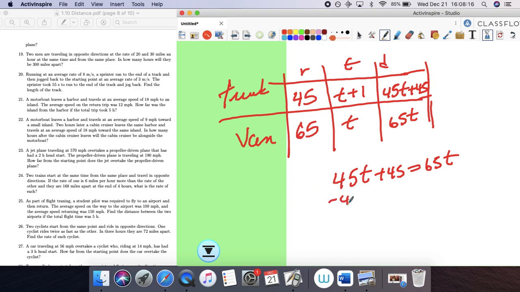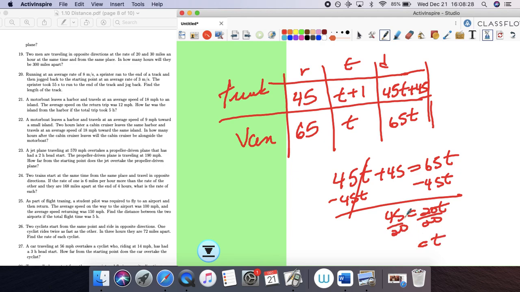So minus 45t, that goes away. We get 45 equals 20t. Divide both sides by 20. And t equals, let's see, 2 1/4 of an hour, or 2 hours and 15 minutes.